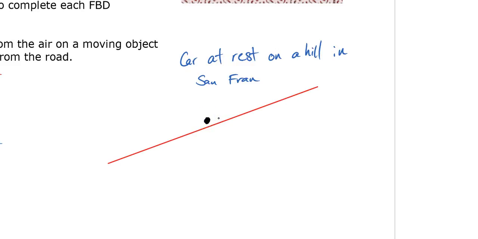Okay, so what does this FBD look like? Start with FG. What does FG look like? FG is still straight down. Okay, what does FN look like? The normal force has to be not parallel but perpendicular to the surface.